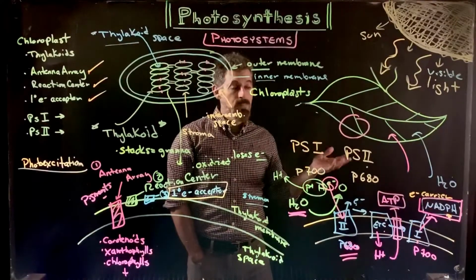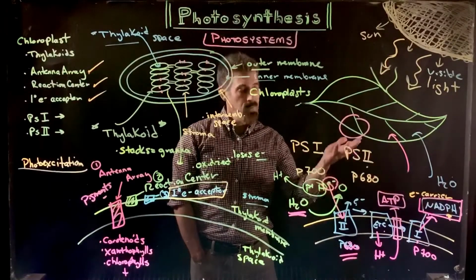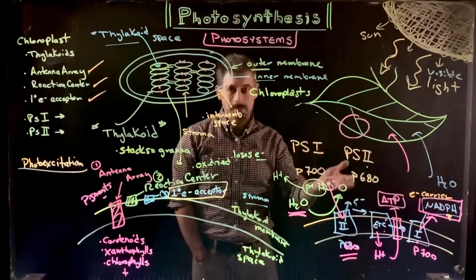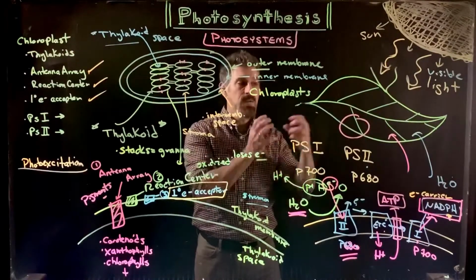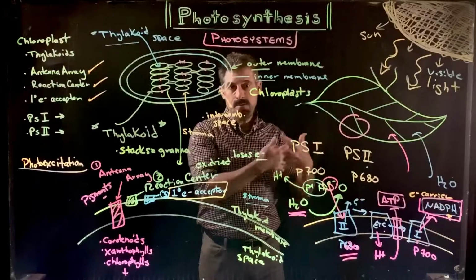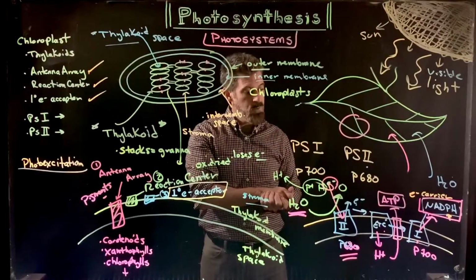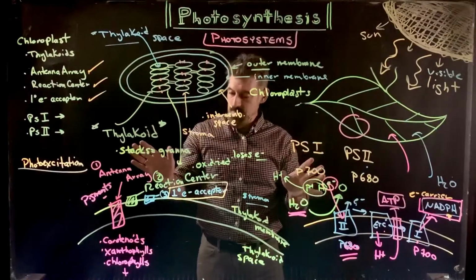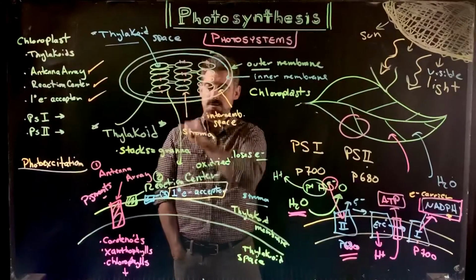When the lights go out, they'll still continue as long as there is ATP and NADPH. So what we're making here is what's going to power the reactions that will pull the carbon dioxide out of the atmosphere and actually start to build the bonds to make the precursors to the sugar molecules. So that's kind of the summary here. Make sure you have the overall layout of the structures and the terms.